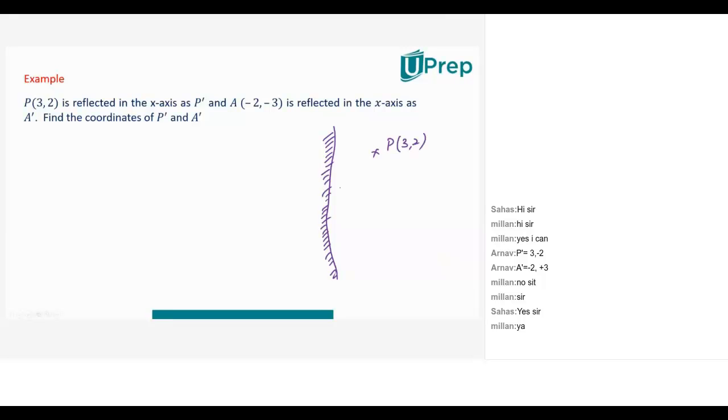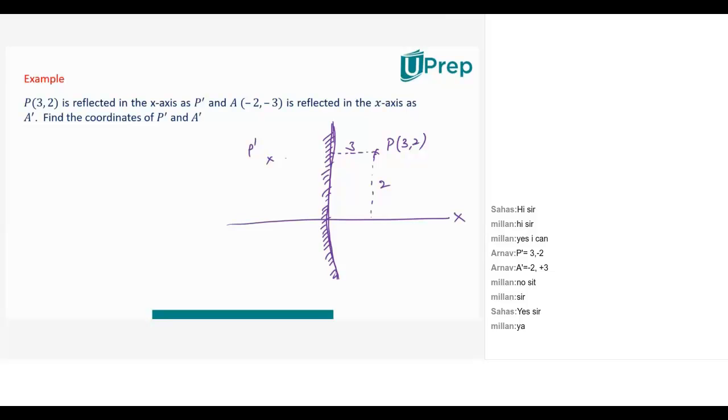Don't look at the curvature, it's a straight line only. Now where will the image be going? It will be coming towards this side. So this is my P dash. Now this is my x-axis. What is the original meaning of the point P(3, 2)? This height is 2 units and this length from the y-axis should be 3 units. Now look at the diagram and tell me how the point P dash, the image, will be.